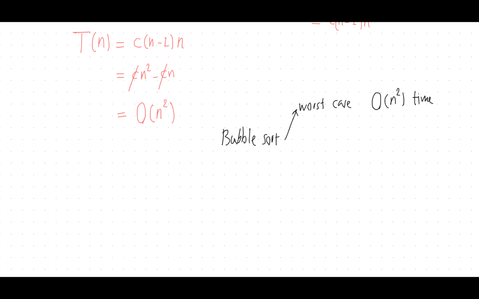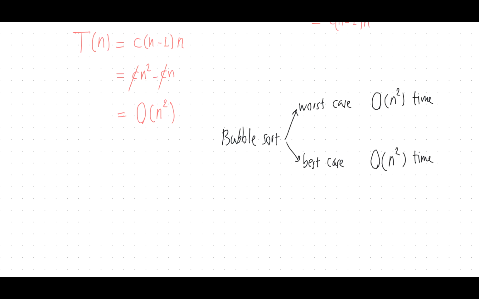And the best case, when the input array is sorted itself without any of our swapping, still it takes order n squared time, even though we are not going to swap anything if we call bubble sort on a sorted array. So the best case time complexity and worst case time complexity for bubble sort is the same.